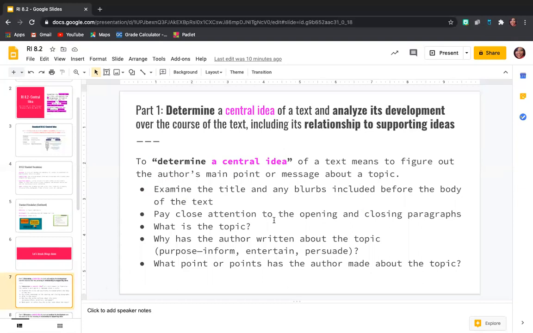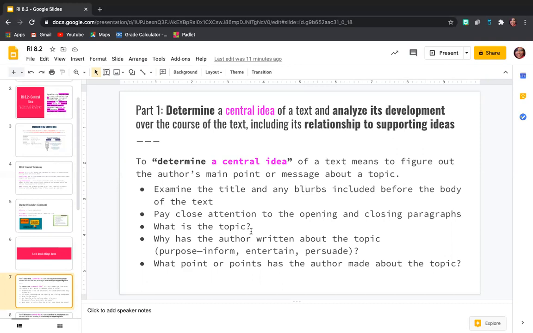Examine the title and any blurbs included before the body of the text. So that means anything that comes before your actual text body, which is your paragraphs. Look at that title. Look at any extra help or things that may help you understand it. Pay close attention to the opening and closing paragraphs. That's the one at the beginning and the one that comes at the end.